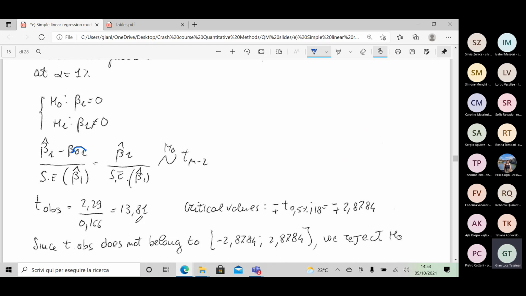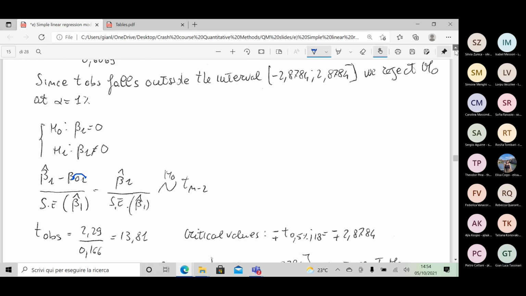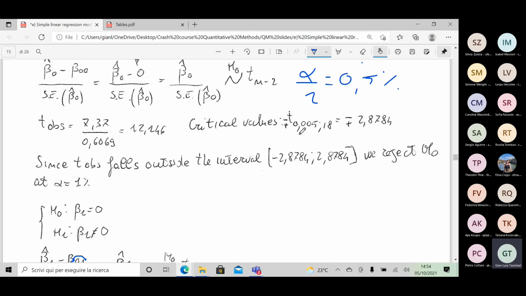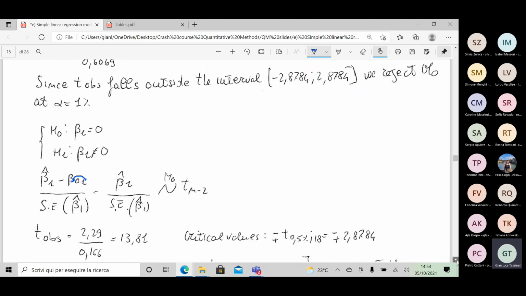Now, we need to compare this number with the critical values of the test. But guys, which are the critical values of the test? We need to perform, again, the test at a significance level of 1%. So this means that we need to divide alpha by 2. We get 0.5%. So in other terms, the critical values that we need to find are exactly the same reported here, so we don't need to take the table again.